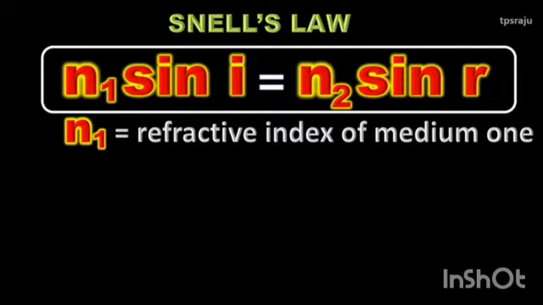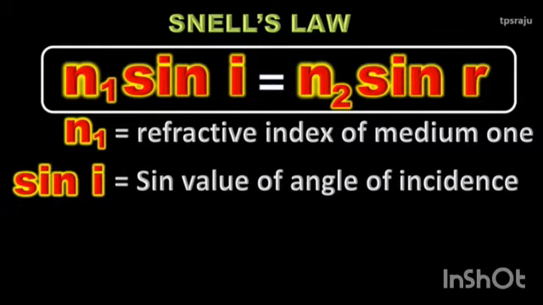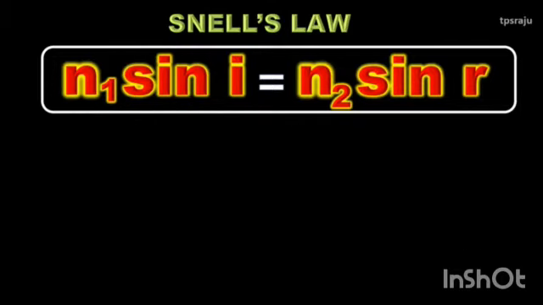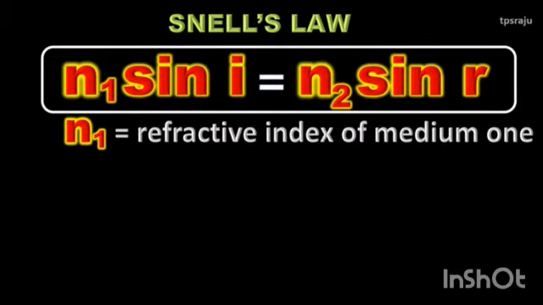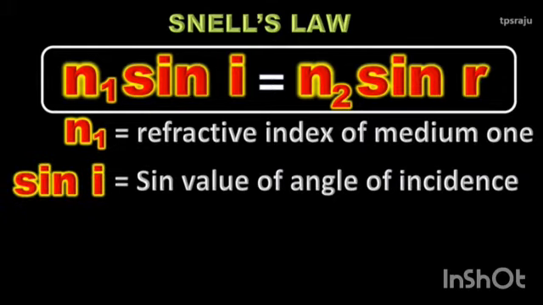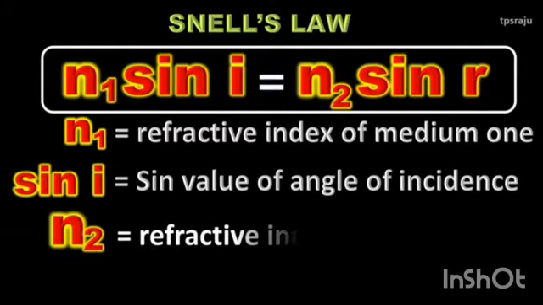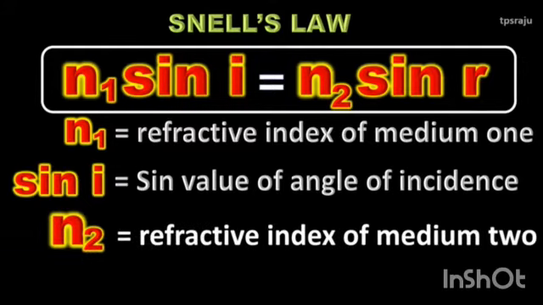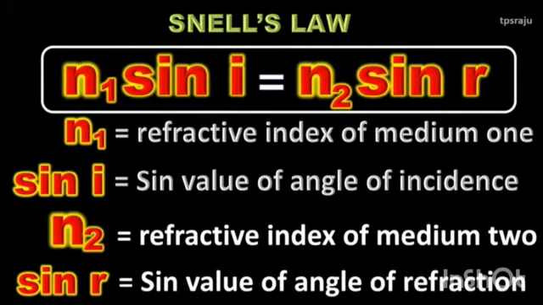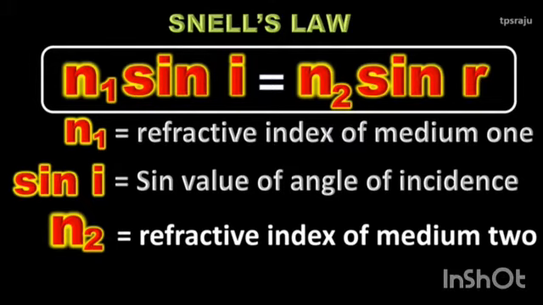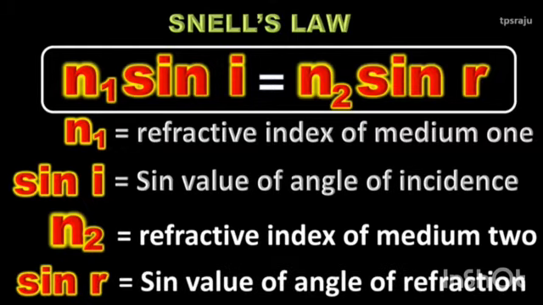Hence, here n1 equal to refractive index of medium 1, sin i equal to sin value of angle of incidence, n2 equal to refractive index of medium 2, sin r equal to sin value of angle of refraction.